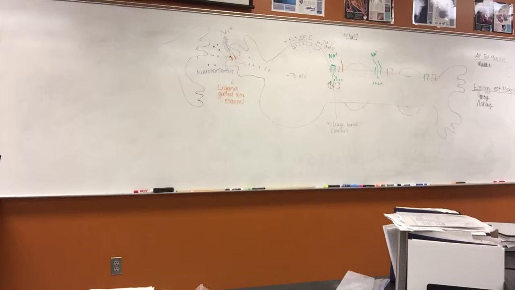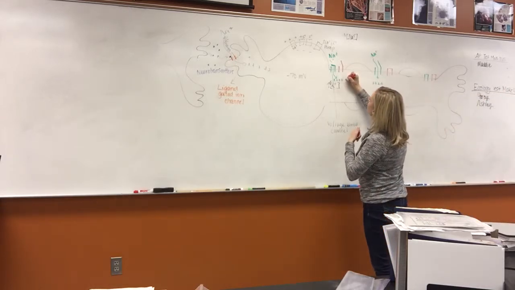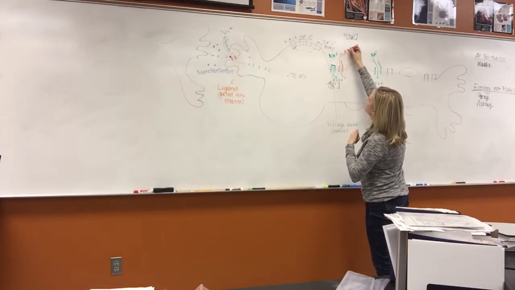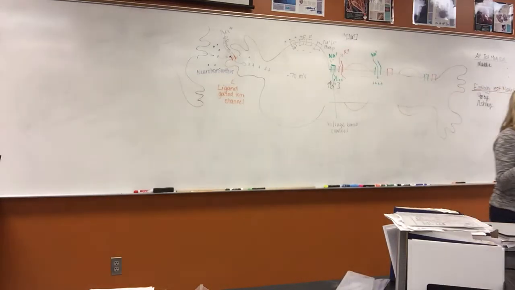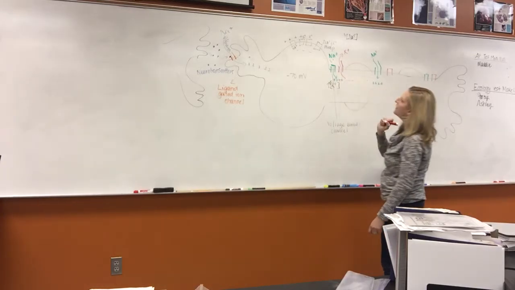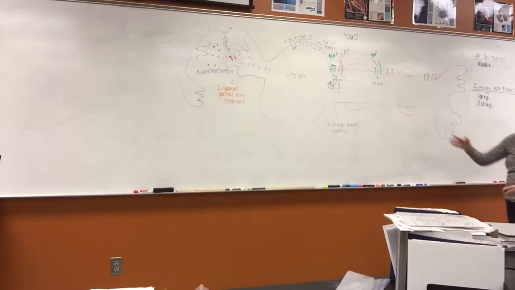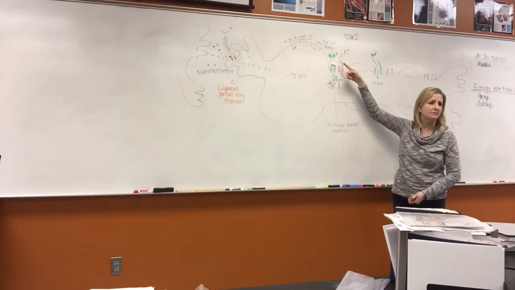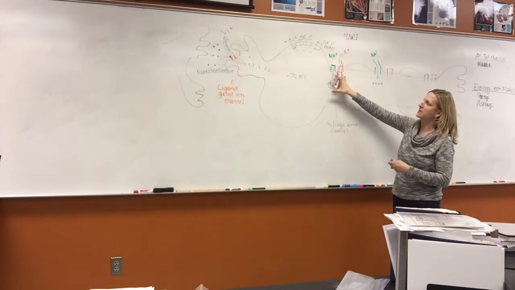Now if the potassium gates open, where will potassium move? Out, from high to low. So potassium goes from high to low, and potassium will go out. So what we're really doing is losing positive charges, which makes the inside of the cell go back to negative. So now it's not going to be positive anymore, it's going to be negative, and eventually we'll go back to that negative 70 millivolts in the resting potential. Will these potassium gates eventually shut? Yes. So these eventually shut, and this goes back to normal.